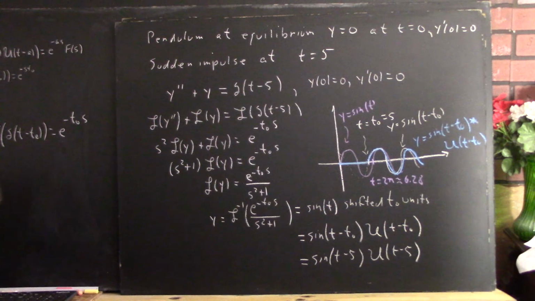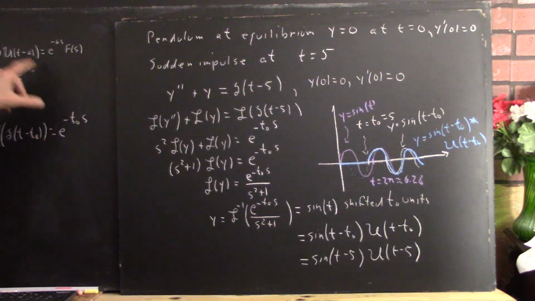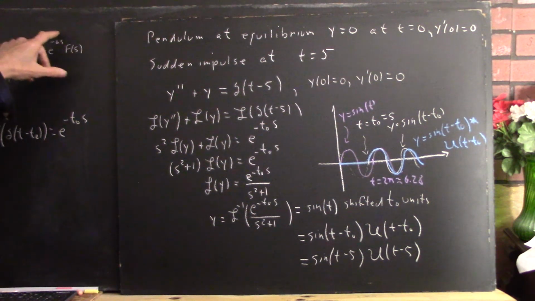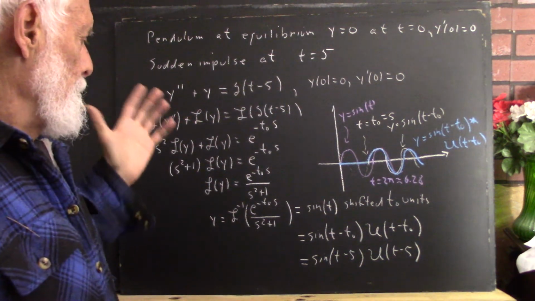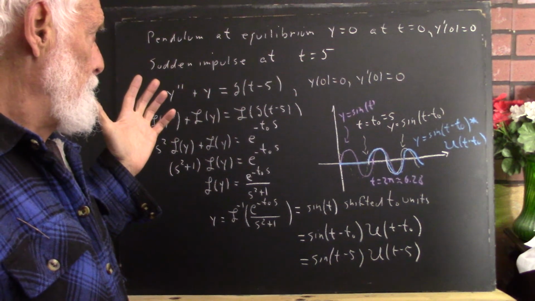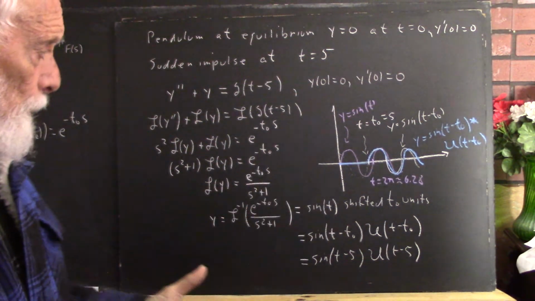In other words, you've got the rule, which I've written up small here: f of t minus alpha times u of t minus alpha has transform e to the negative alpha s times F of s. So again, fairly easy to understand. I don't guess there's anything else I want to say about it right now.